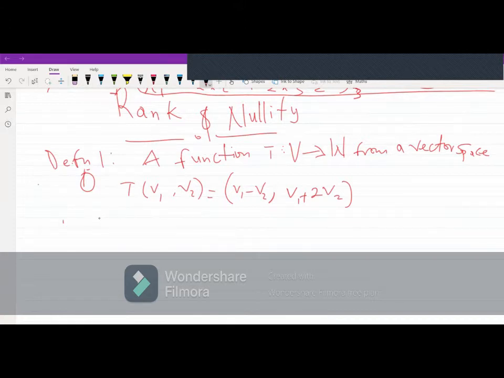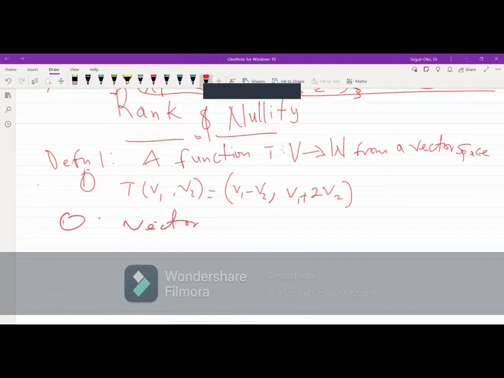We need to do the addition first. For us to do the addition, let's say vector addition.